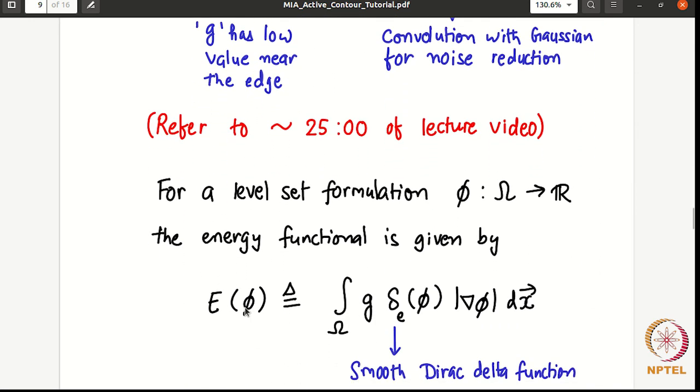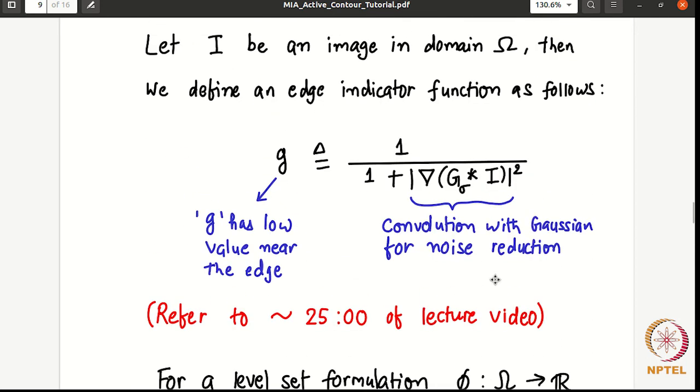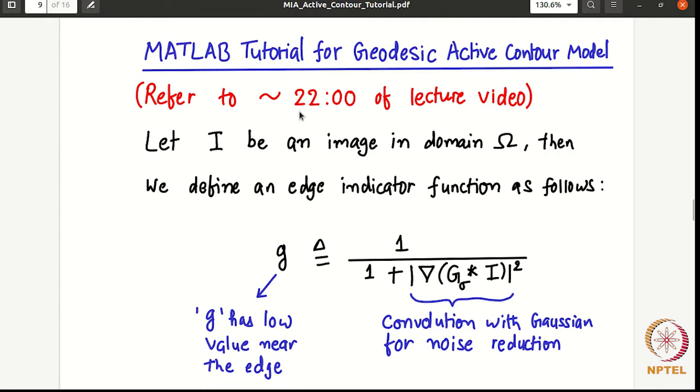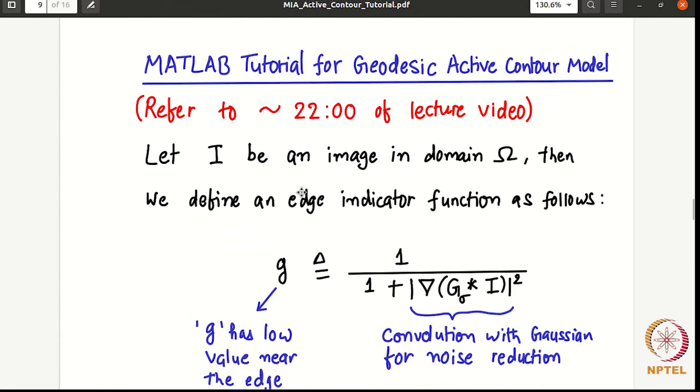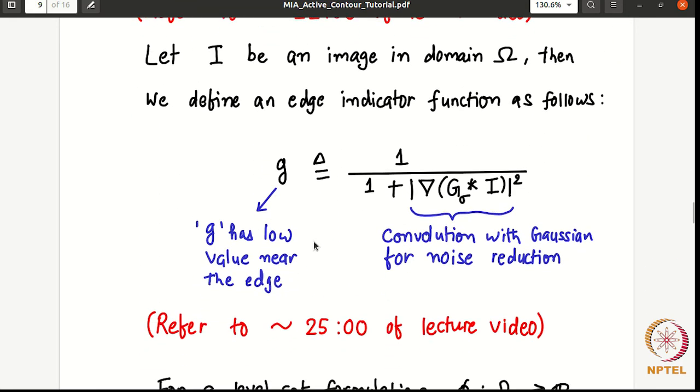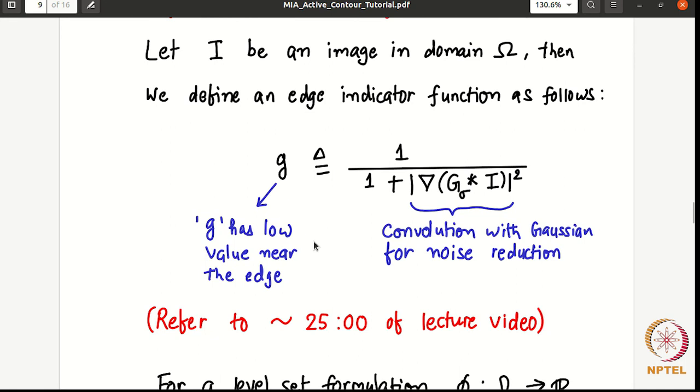Now it is written in terms of phi, not in terms of C. Here delta is the smooth Dirac delta function. I have added timestamps also, so please go to these timestamps to understand more about the theory. I am just trying to explain the mathematical formulation.